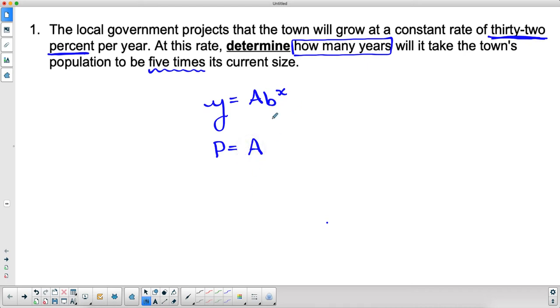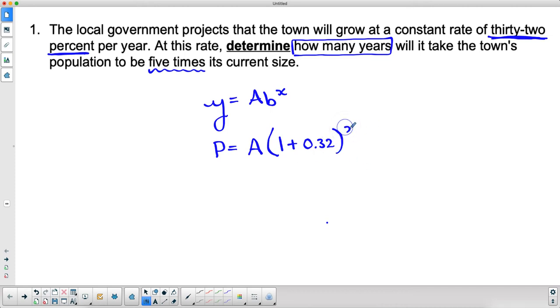Now B is how fast it's growing, and we're told that that's 32%. Now since it's growth, we have to do 1 plus 32%, and don't forget to change 32 into a decimal. 32% is 0.32. You have to move the decimal backwards 2 spaces or divide by 100 to get that as a percentage.